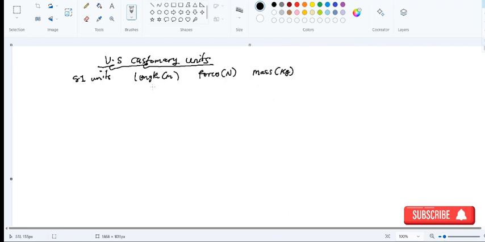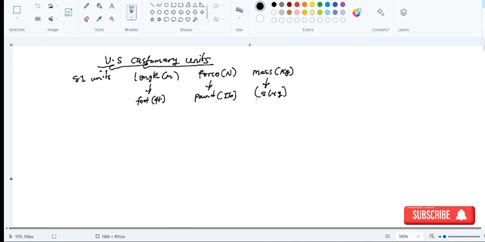But for the US customary units, length is measured in foot, right, rather than in meters. So we have a symbol ft, while force is measured in pound with a symbol of lb, and mass is measured in slug, right, in slug.